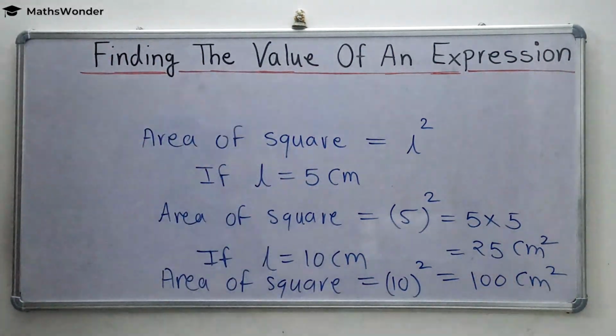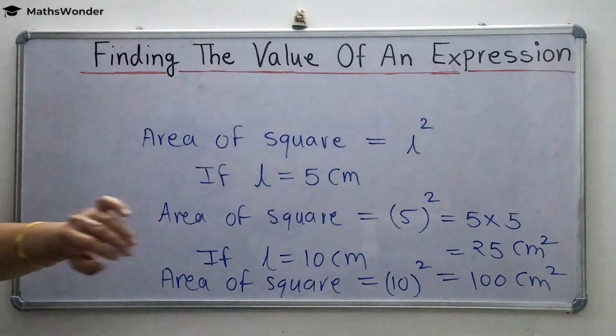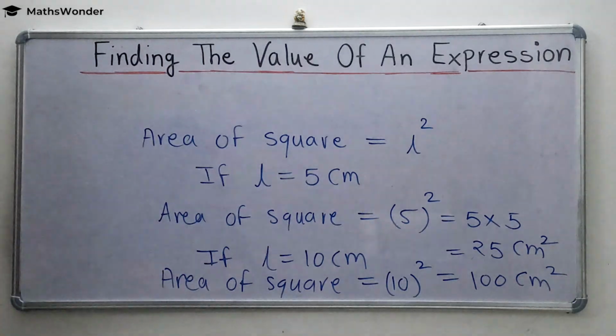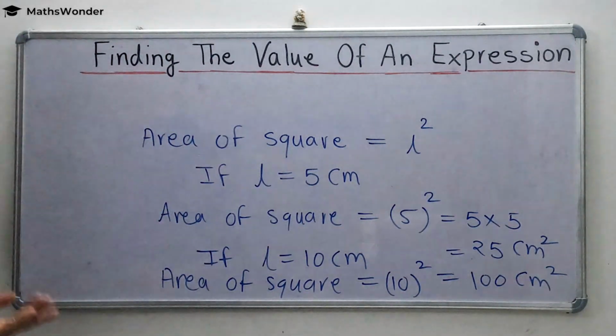So what is the conclusion here? If you change the value, the algebraic expression depends on the value of the variable. If we put the variable value 5, your answer becomes 25 centimeter square. If you change the length of the side to 10 centimeters, the variable value is changed, so the answer automatically changes.